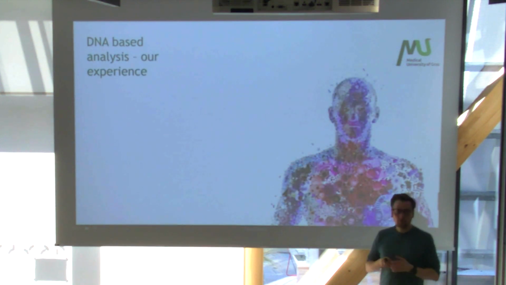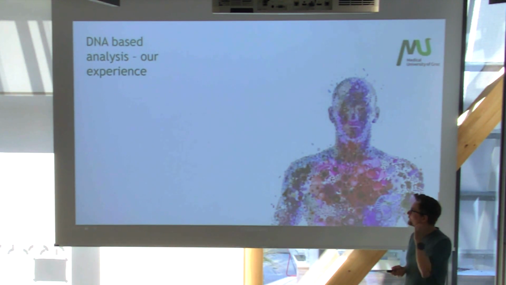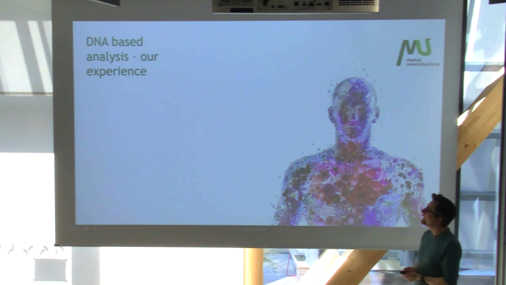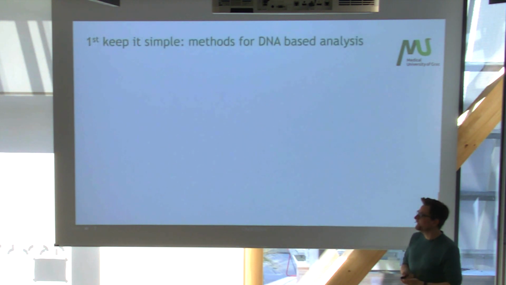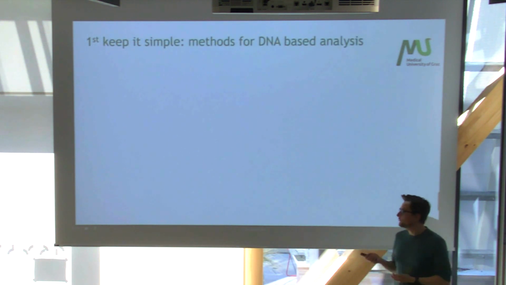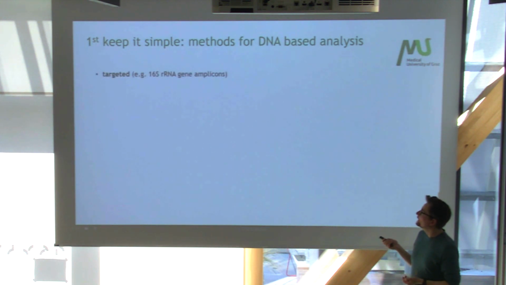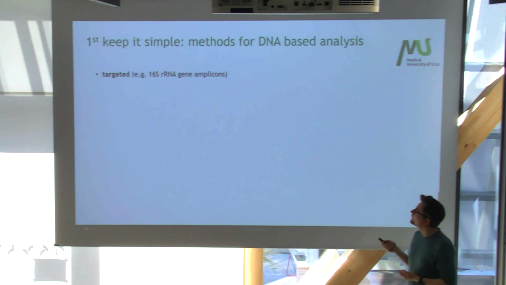Okay, so now I hope you're interested in microbiome data, because it's cool stuff and it's quite challenging. But what I want to give you as another example is our experience: what we know, what we can do, and what is our daily life. These are mainly analyses based on one biological molecule, the DNA molecule. There are two different ways we can analyze this molecule.